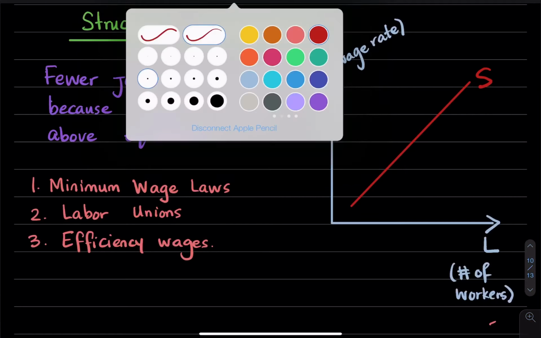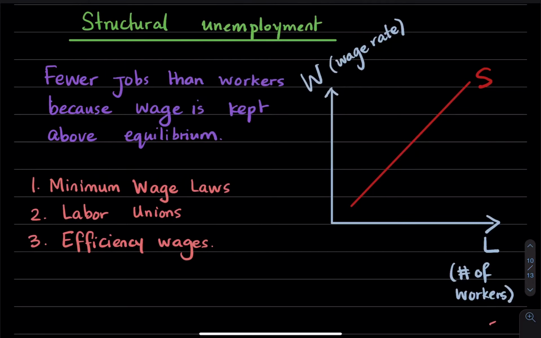And when we think about demand, this is downward sloping. This is to say that on the demand side, employers are trying to hire workers, and as the wage rate increases, they're going to hire fewer workers. So there's that inverse relationship between the number of workers and the wage rate when you look at it from the demand side.